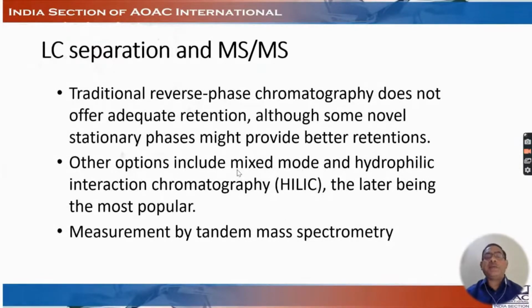LC separation, traditionally people tried various phases. For example, when people tried reverse phase chromatography, the problem is that these compounds do not have adequate retention. In many cases they get eluted in the void volume itself. So that is a big problem for their analysis. So people tried various novel stationary phases, which have certain functionalities that allow a better retention of such compounds.